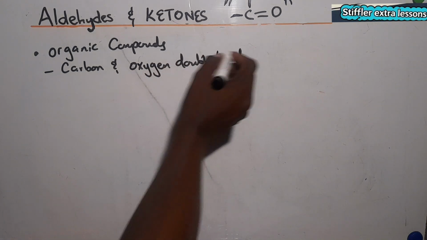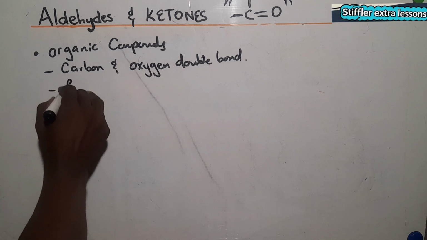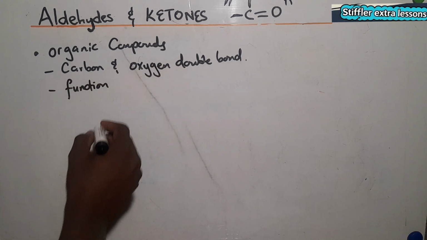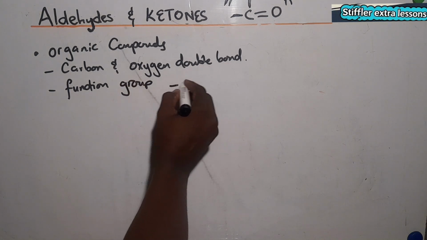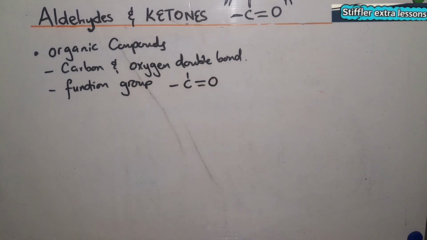So they contain a double bond between the carbon and the oxygen, right? So this is their functional group. The ketones and the aldehydes have the same functional group, a double bond between oxygen and carbon, like that.